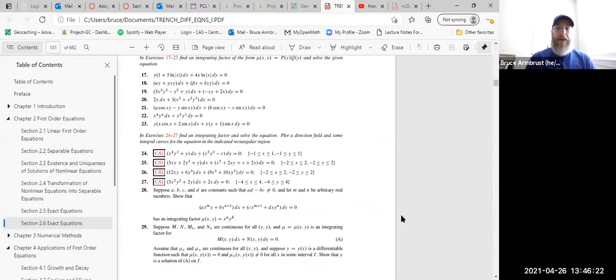In this one, it says find an integrating factor of the form P of X times Q of Y and solve the given equation. All right, well, let me write this down again. Y times 1 plus 5 log X, 4X log X, dy.